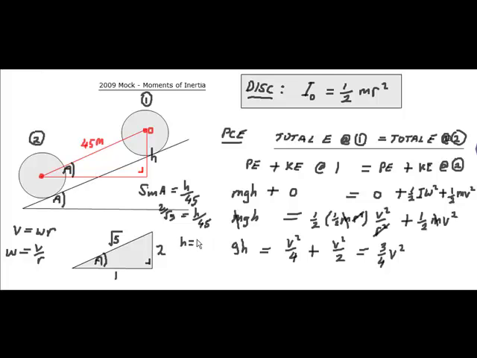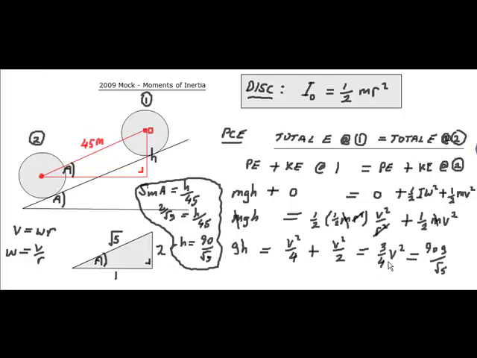So h is equal to 45 over root 5 by 2, which is 90 over root 5. I'll just put a little box around that, a separate calculation. And we can fill in h here now. So it's gh, which is 90 g over root 5.